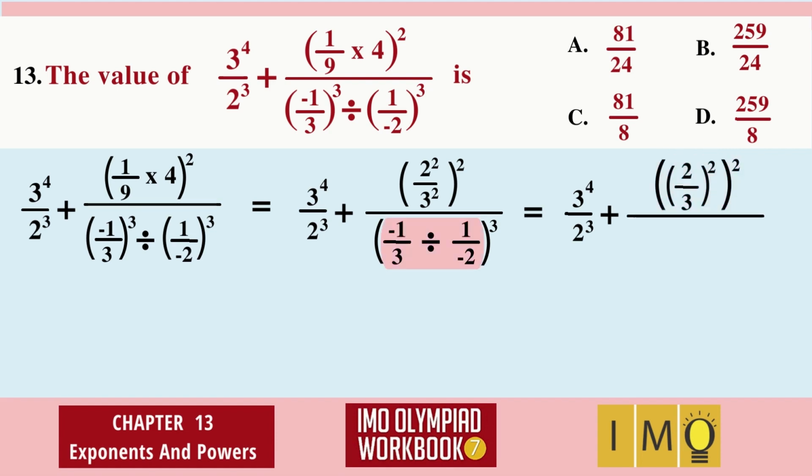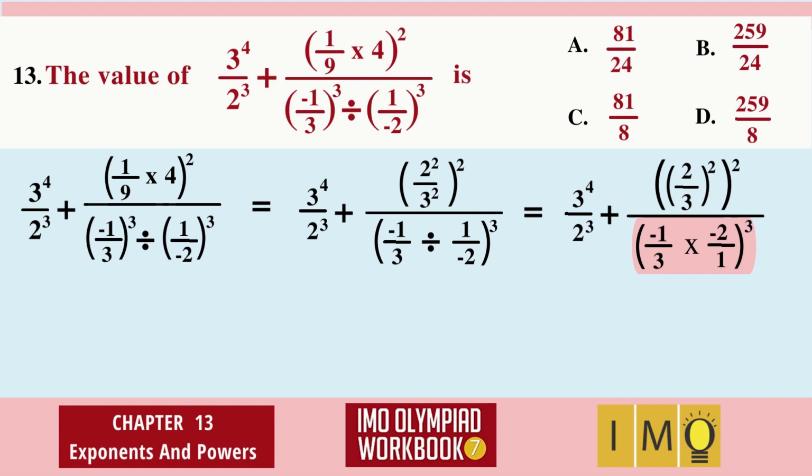Coming to the denominator. Here, let's change the division to multiplication and the following term to its reciprocal. What we get is minus 1 by 3 into minus 2 by 1 whole raised to 3.